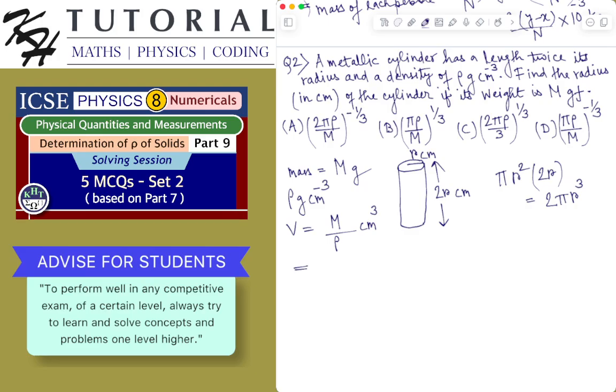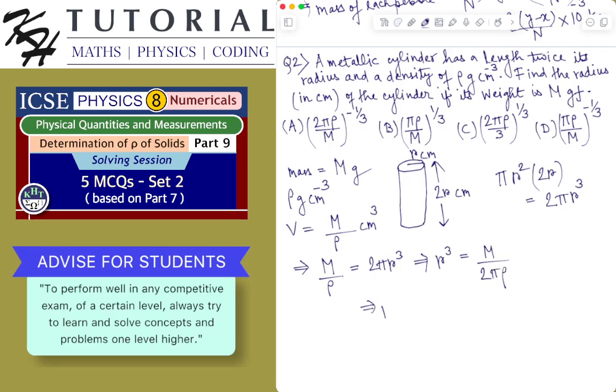So we can now equate volume from the mass and density we have found to be m by rho, and also by considering the radius to be r, we have found the volume to be 2 pi r cube. So m by rho should be equal to 2 pi r cube. From here we can easily find the r. So r cube is equal to m by 2 pi rho.